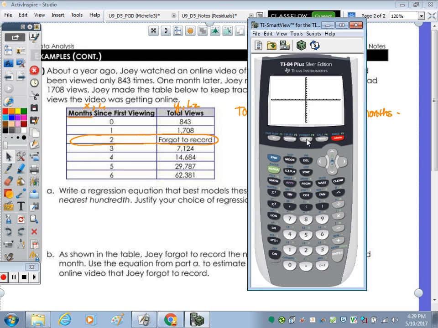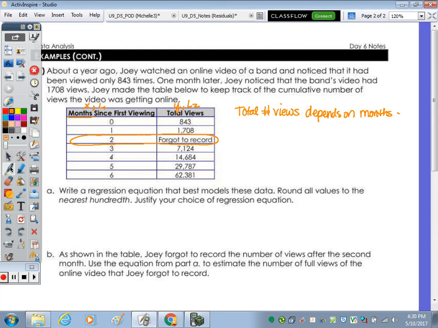I don't see it, but if I go to zoom and then down to ZoomStat, which is number 9, you can either press 9 or hit enter. I can see my scatter plot. Now that to me looks like there's a pattern, and the pattern looks to be exponential. Okay, so let's sketch that.